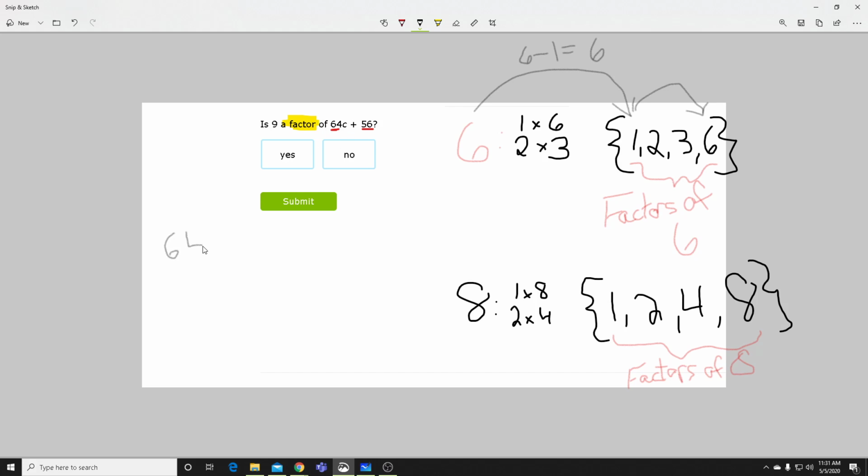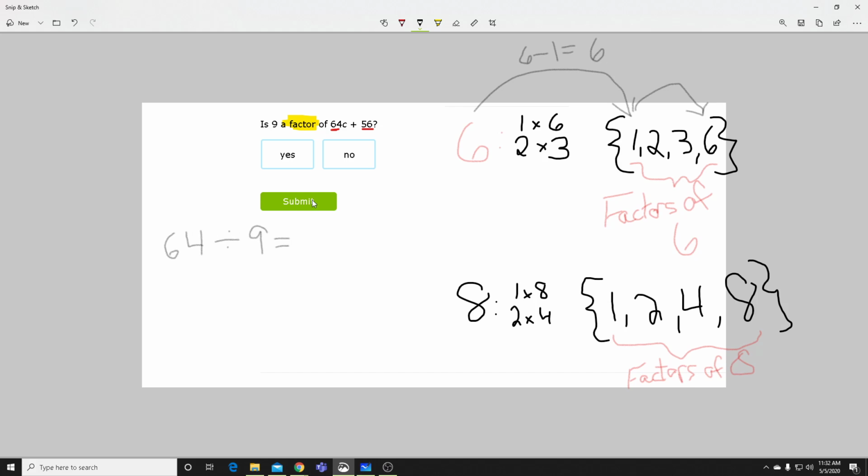So we have 64 divided by 9. What does that give you? I'll tell you what, 64 doesn't divide by 9 evenly. We know 8 times 8 is 64, but it doesn't divide by 9.